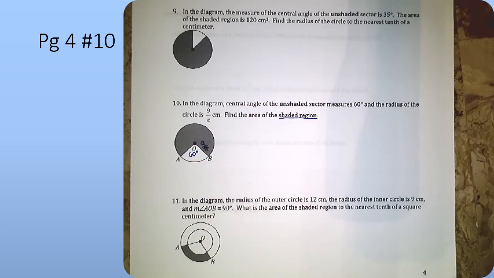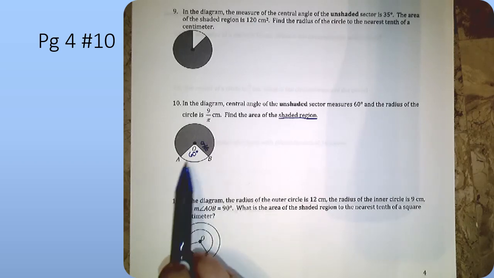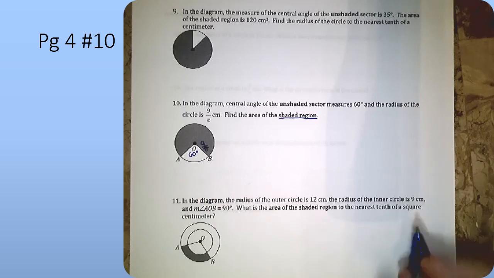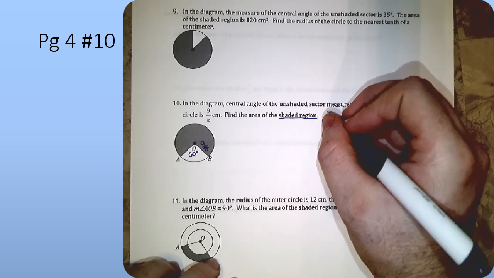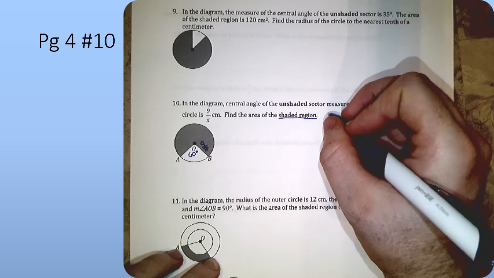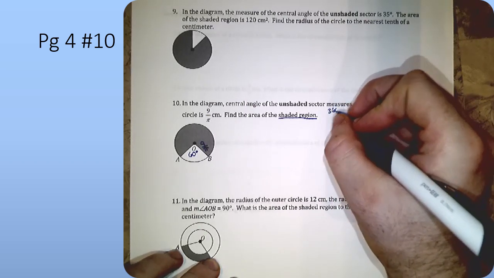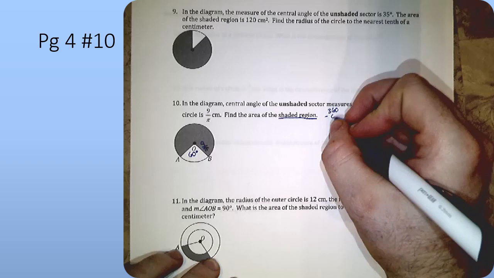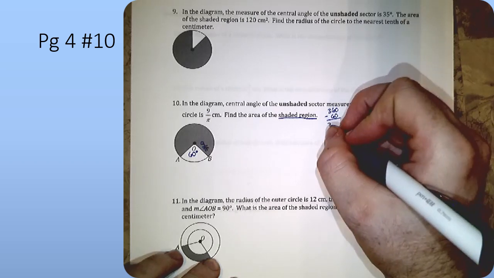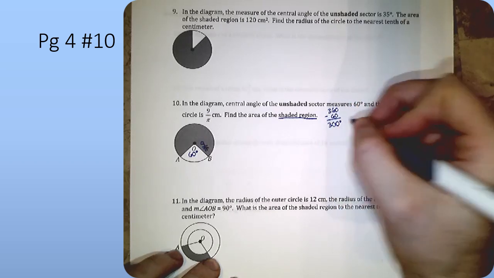So if I'm trying to find the shaded region, the angle I'm going to use is not this 60 degrees. It's going to be this part over here. So the full circle is 360. If I did 360 minus 60, I get 300.